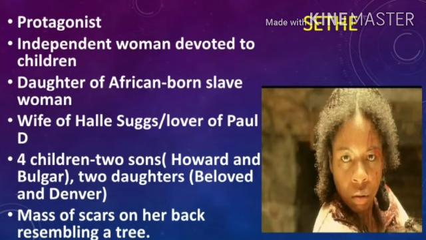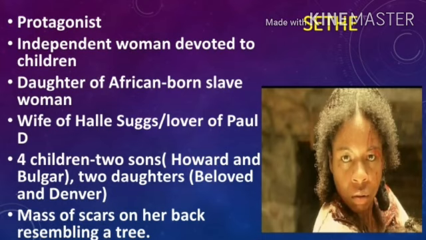Sethe. Sethe is the protagonist of Beloved, a proud, independent woman who is extremely devoted to her children. She was the child of an African-born slave woman whose name she never knew. As a young teenager, she was brought to Sweet Home, where she took a man named Halle Suggs for her husband.